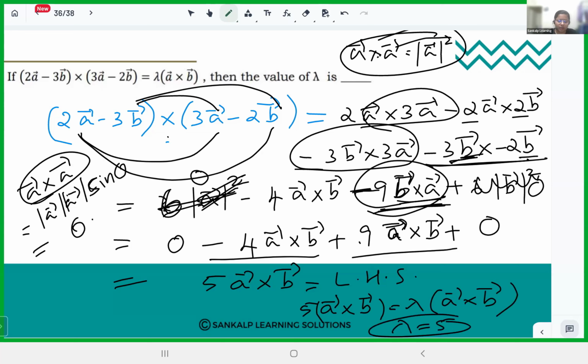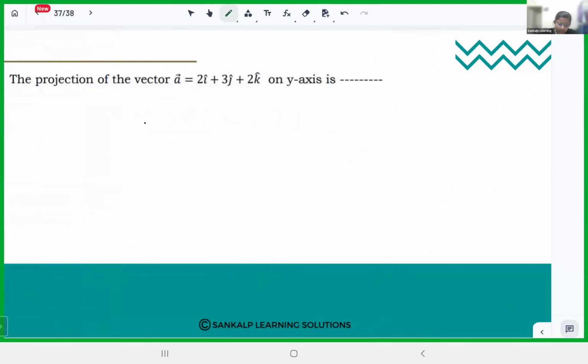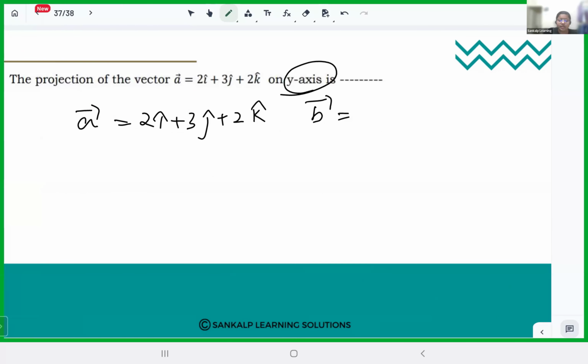All right. Now, we are moving on to our last question of the session. That is the projection of vector a on the y-axis. What is vector a? Vector a is equal to 2i plus 3j plus 2k. And what is vector b? They have given the projection on the y-axis.